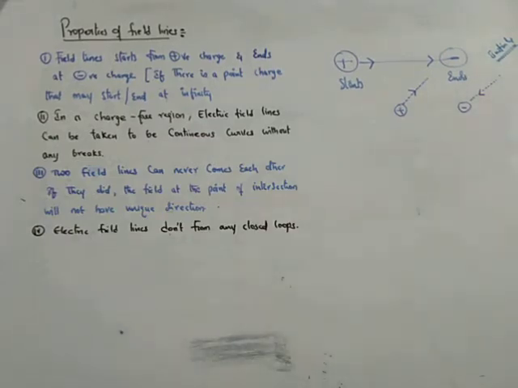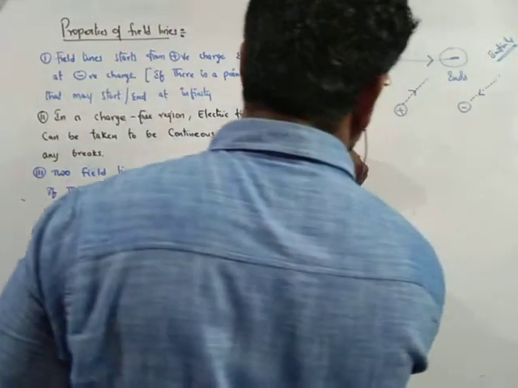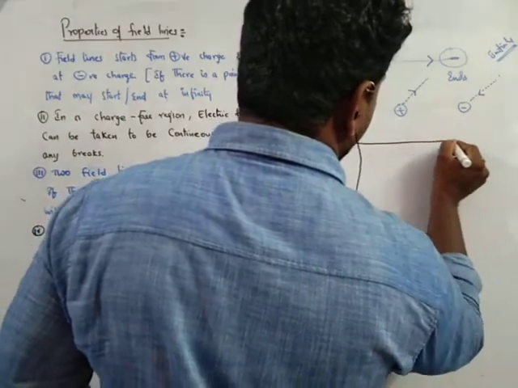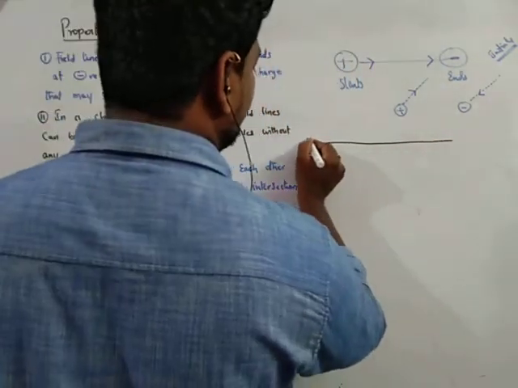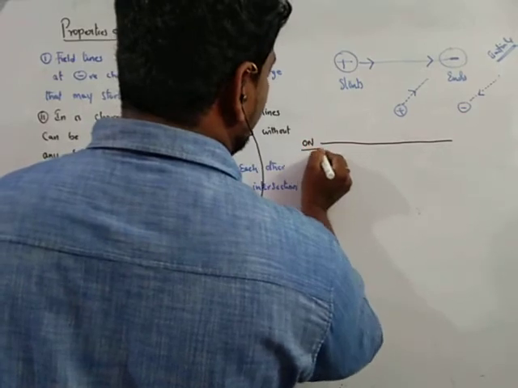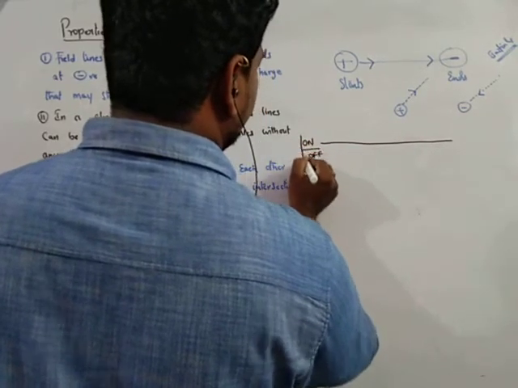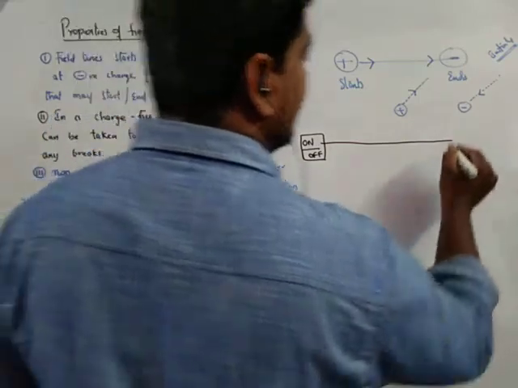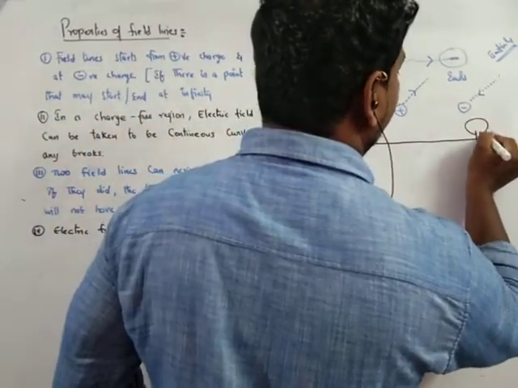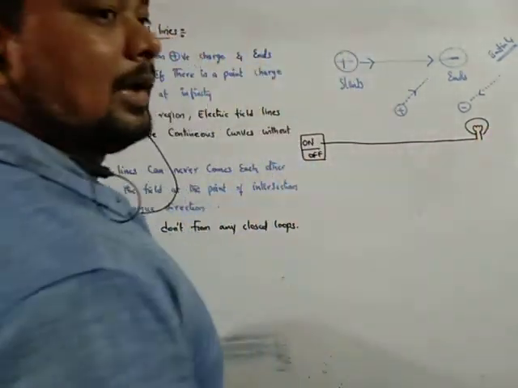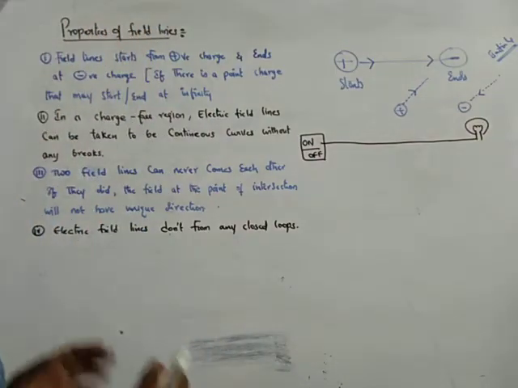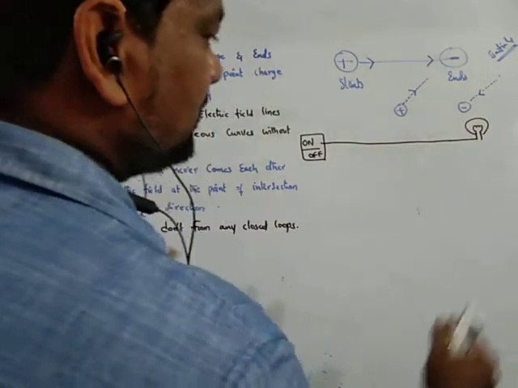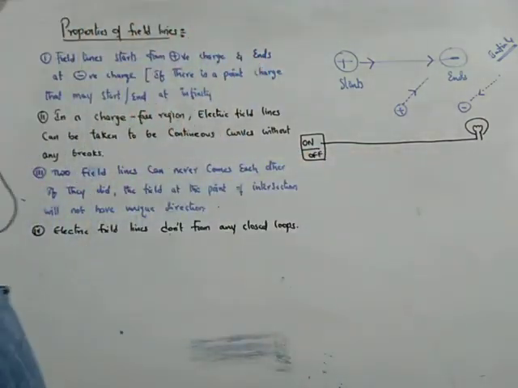Second point: in a charge-free region, electric field lines can be taken to be continuous curves without any breaks. For example, if you consider a wire, here we have a switchboard with an on-off switch, and on the other side we consider a bulb, and from switch to bulb we have a continuous wire.